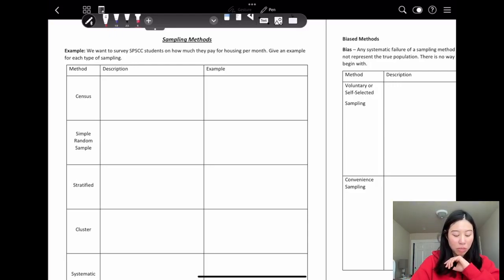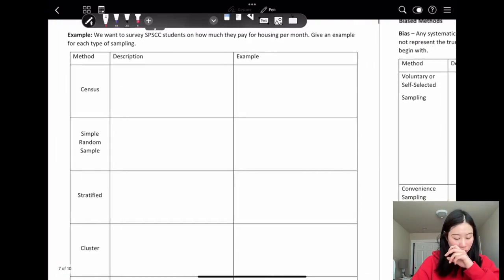There are multiple ways of sampling. The first one is census. Census basically tries to get the population data, which means measuring the whole population.